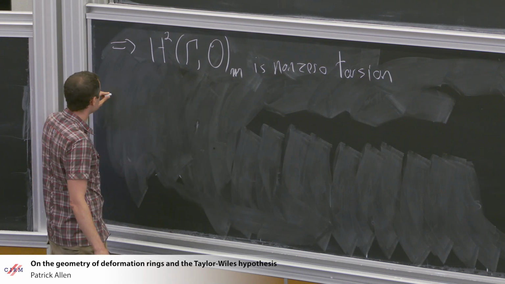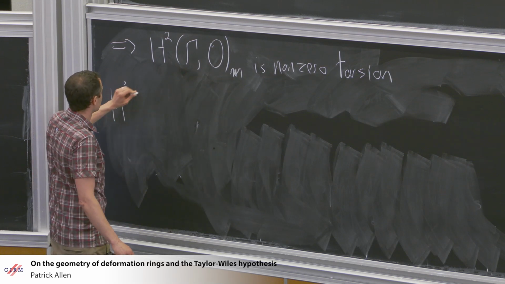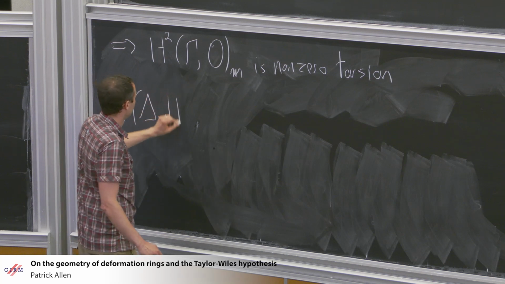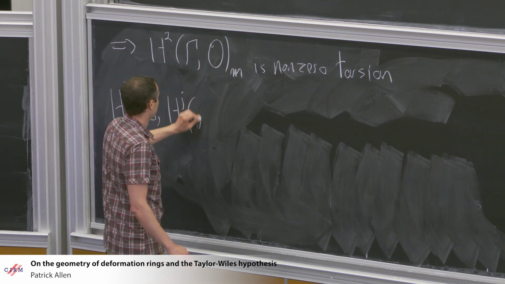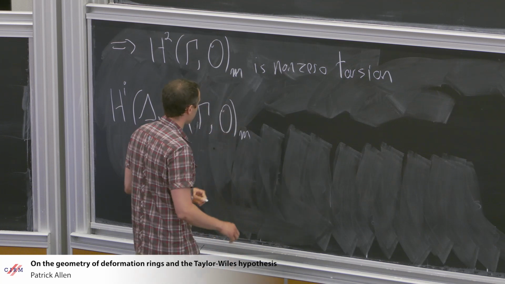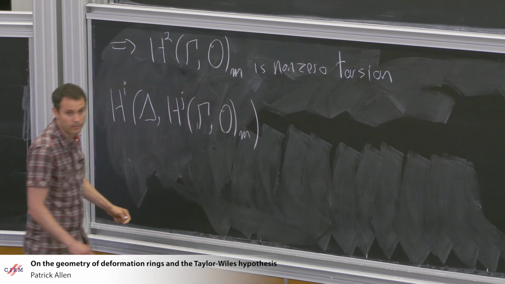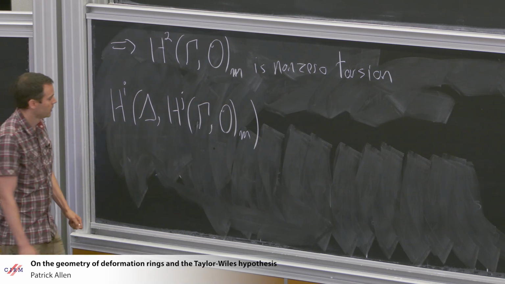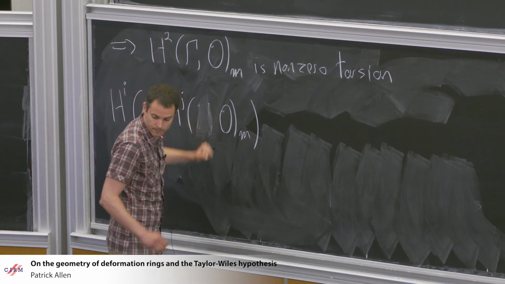If you look at the Serre spectral sequence, you have some H^i of delta, H^j of gamma 1(3), O localized. I'm going to erase something here, so if you're taking notes, please wait a minute. Okay. Oh, sorry, not gamma, gamma 1(3).